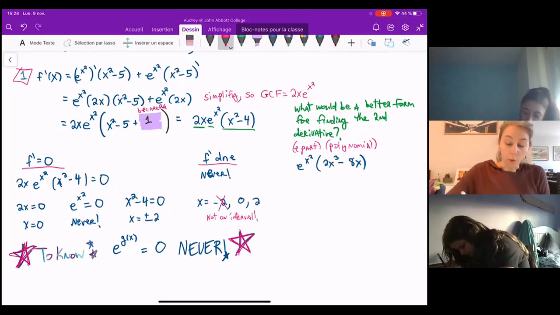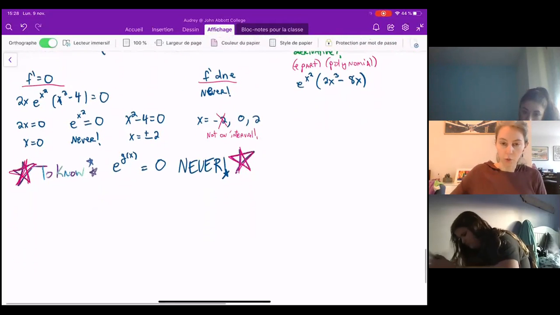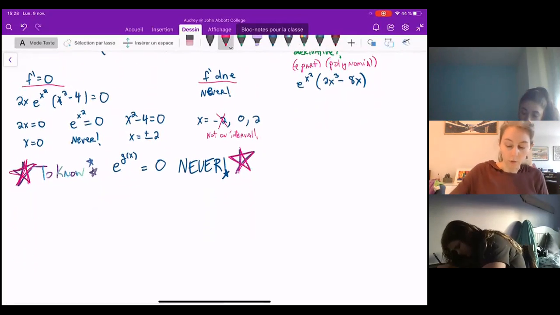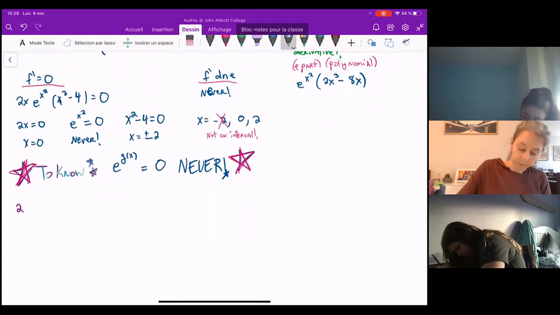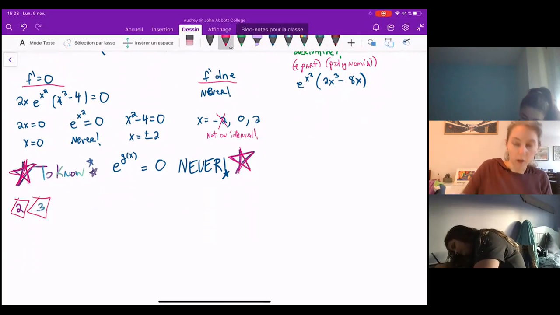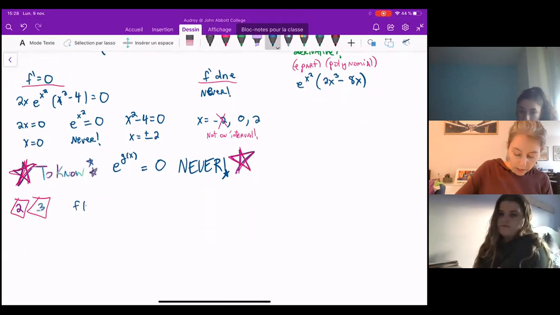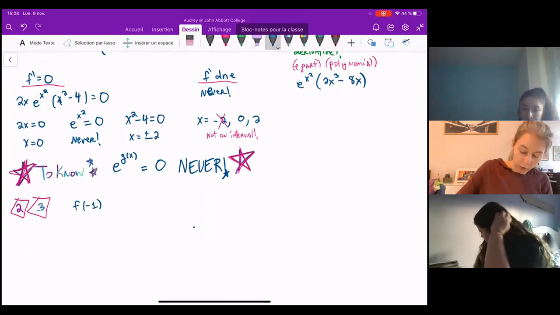Good. So now we're at steps 2 and 3, which I'm going to do together. So we know that the global max and min occur at the endpoints and the critical values.